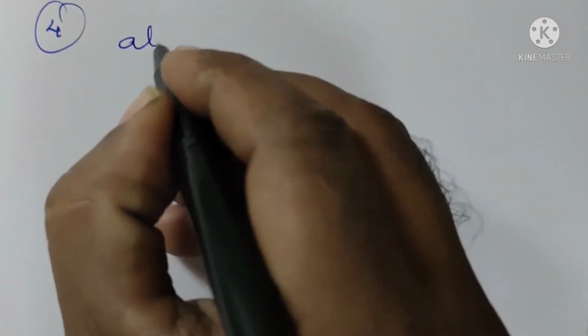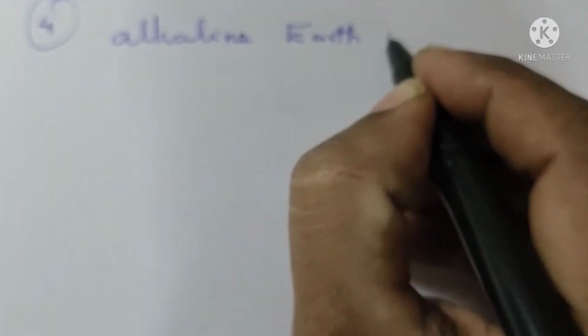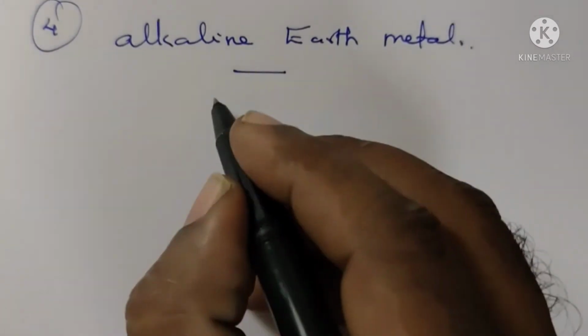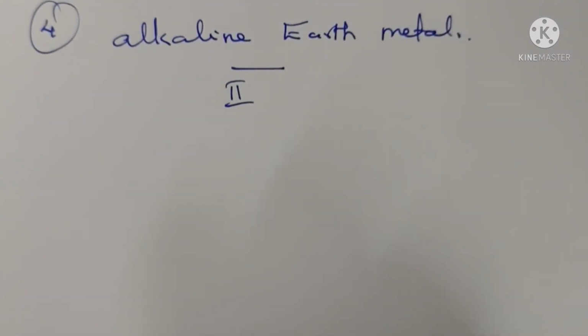The oxidation state of alkaline earth metals. Alkaline earth metals means group 2 elements. The oxidation state of group 2 elements in the combined state is +2: beryllium, magnesium, calcium, strontium, and so on.